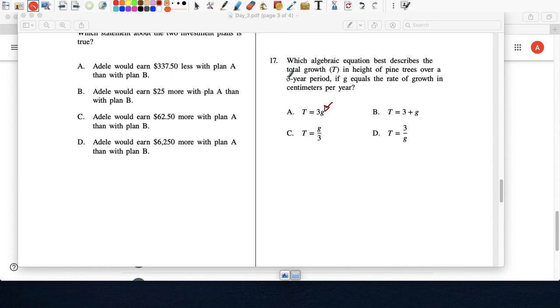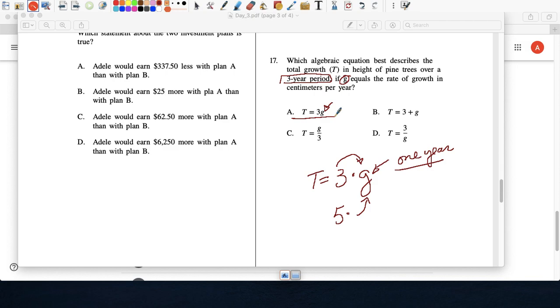It would be 3 times G. G represents the growth in 1 year. So if I want to know how much it grows in 3 years, I multiply this times that. If I want to find the growth in 5 years, I would multiply 5 times G. In this case, it's 3 times G.